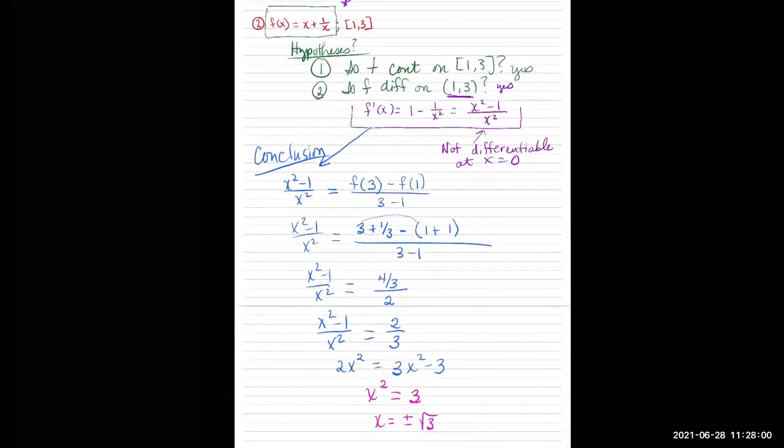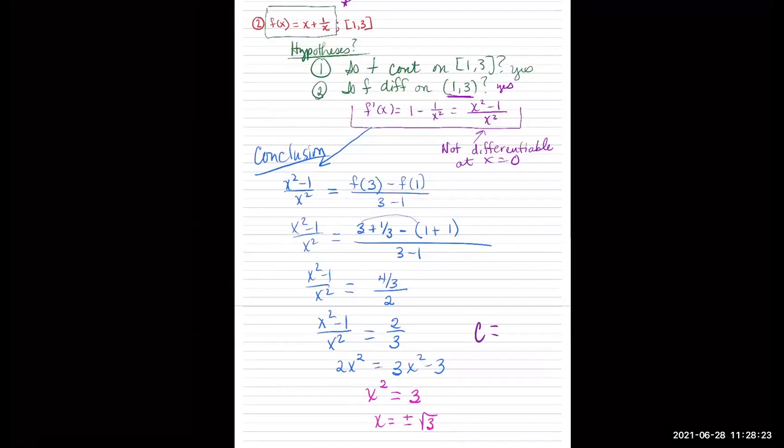Okay, so the question says, what is the value guaranteed by the mean value theorem? So can you all help me out? Which one of those is guaranteed by the mean value theorem? Yeah, positive square root of 3.